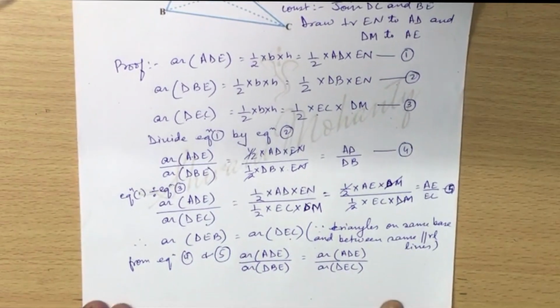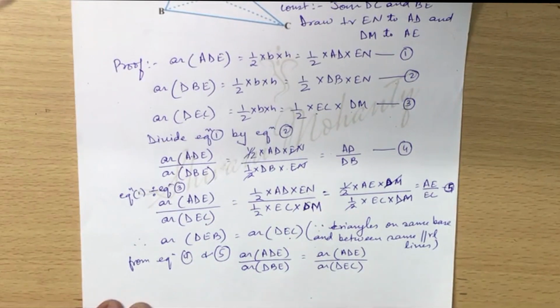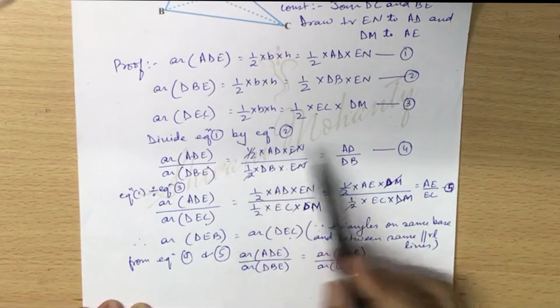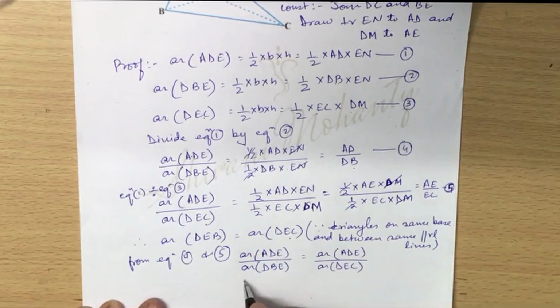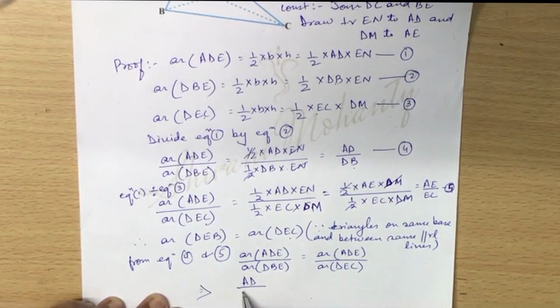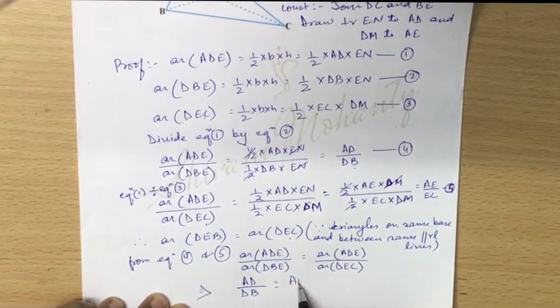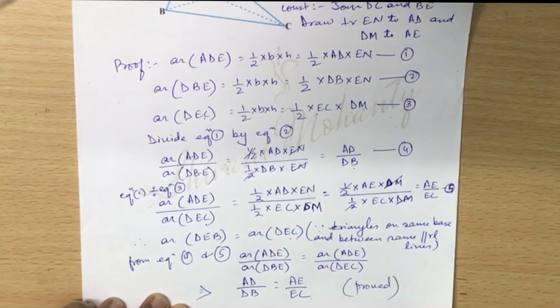Or you can write that what is area of this by this? It is AD by DB, which implies AD by DB is equal to, what is this? AE by AC. So it is proved.